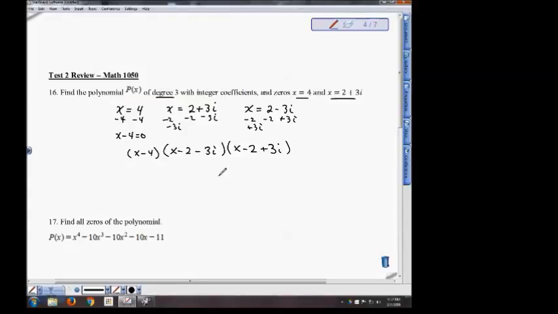So now you've got to multiply all the parentheses together. It would be much easier to multiply the two parentheses together that contain the complex factors. So multiply here. You're going to have x squared minus 2x plus 3ix. Now multiply the negative 2.